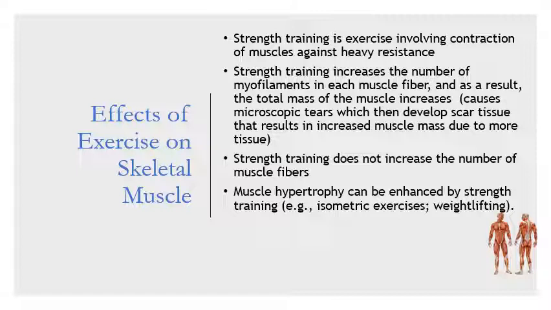Strength training increases the number of microfilaments in each muscle and results in a total body mass that's bigger, causing microscopic tears, which then develop scar tissue that results in increased muscle mass due to more tissue. So if you're going to go out and do strength training, know that it doesn't increase the number of muscle fibers, but it does increase the muscle mass.